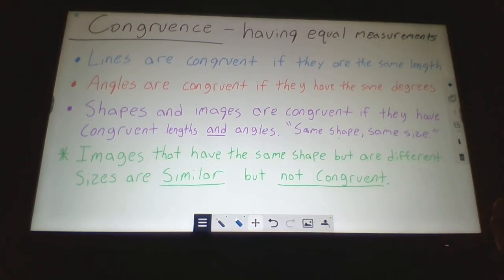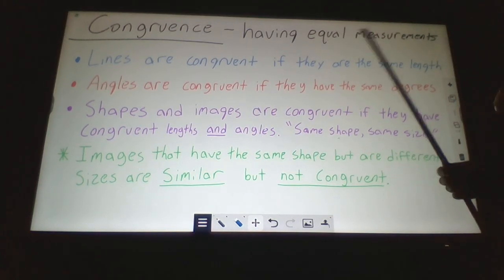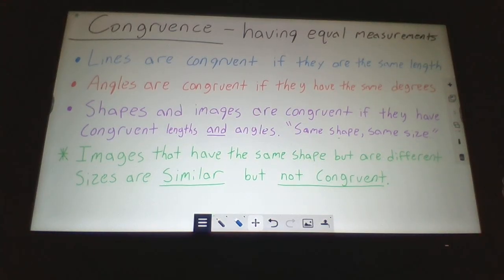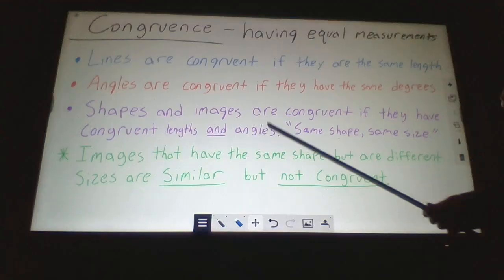A 135-degree angle is going to be congruent to any other 135-degree angle, no matter where it is or which direction it's facing. Now, shapes and images can also be congruent, but only if they have congruent lengths and angles.